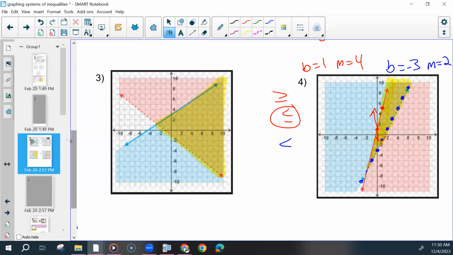Dash line, it has to be strictly greater than or strictly less than. I said that backwards. So we know so far y blank 2x minus 3. For that overlapping shaded area, is that shaded above or below the dashed line? Above. So would that be greater than or less than? Greater than.